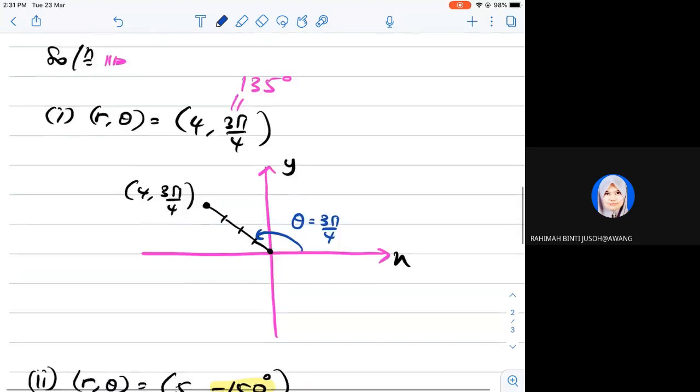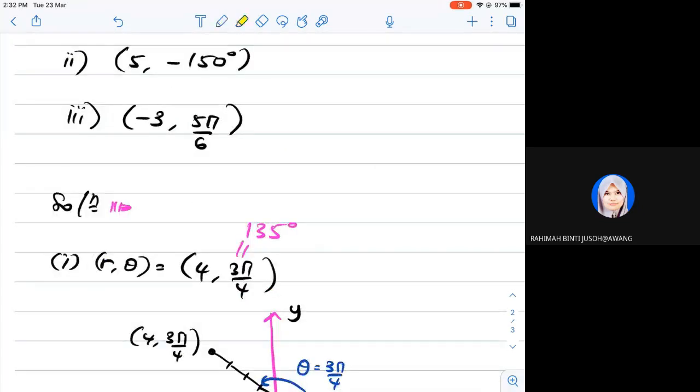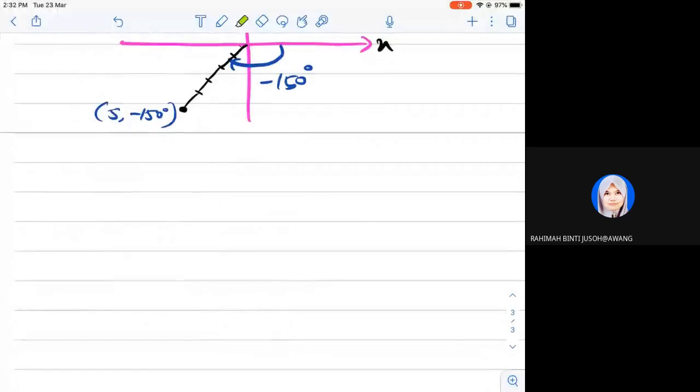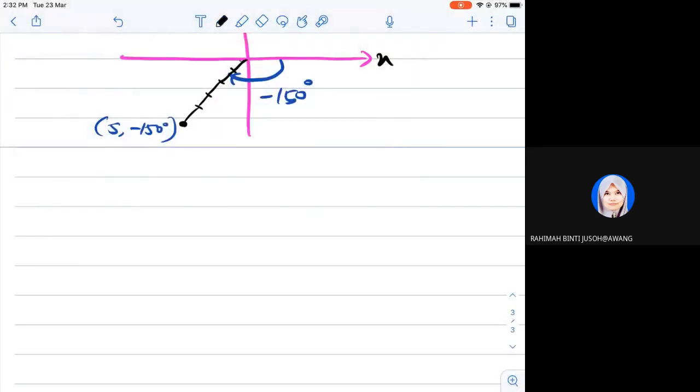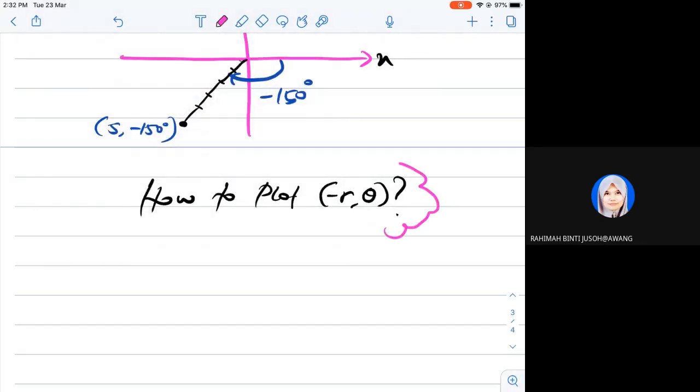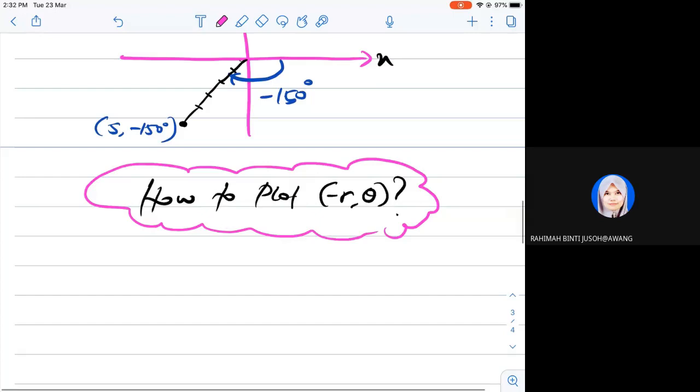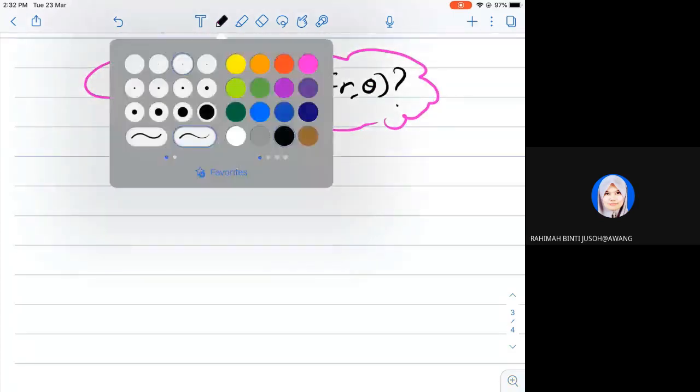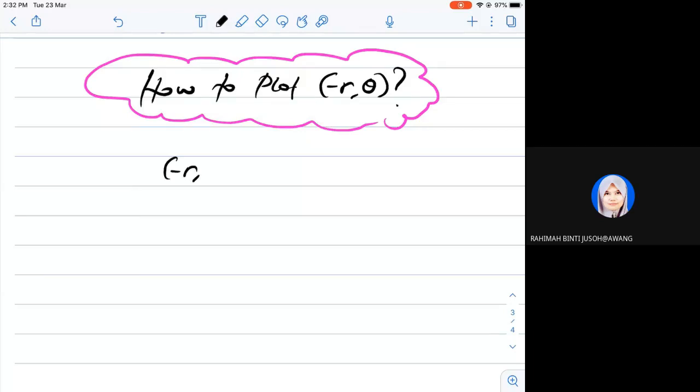The last one, we have to be careful because our radius is negative now: negative 3, 5 pi over 6. How to plot negative r, theta? Theoretically, guys, negative r, theta is actually the same as r, theta plus pi.